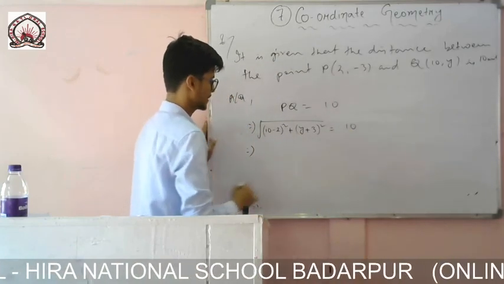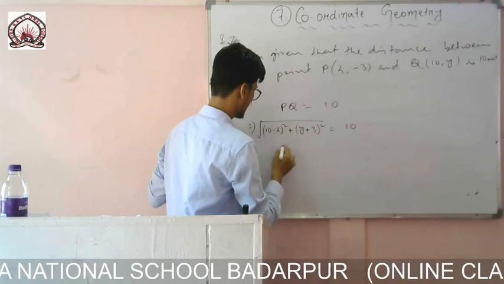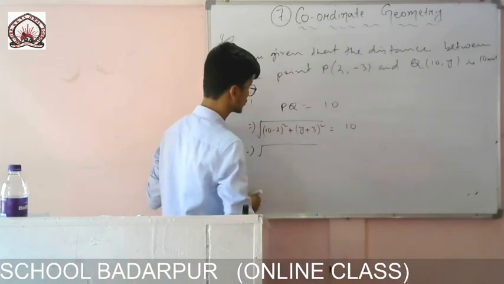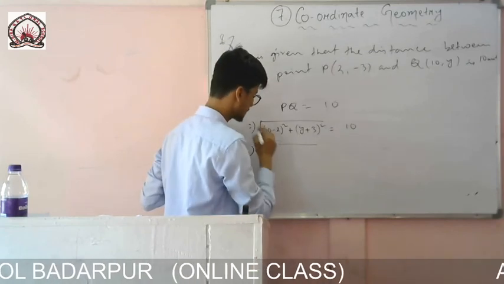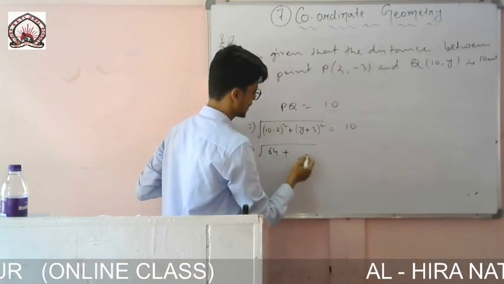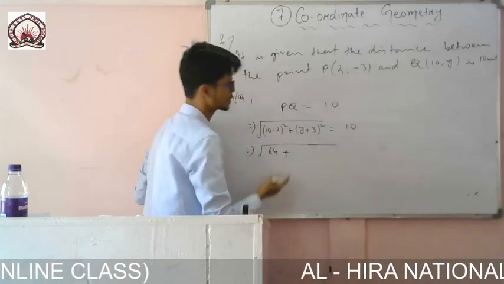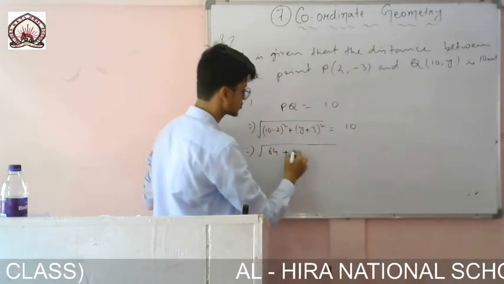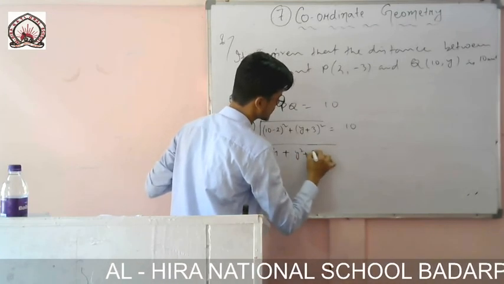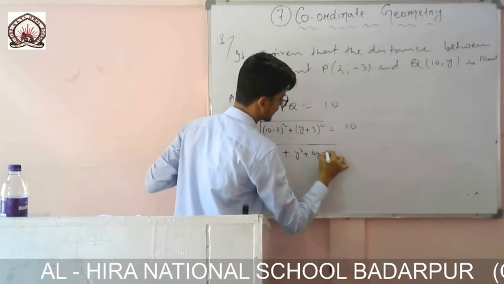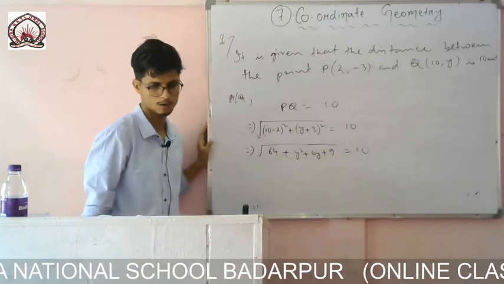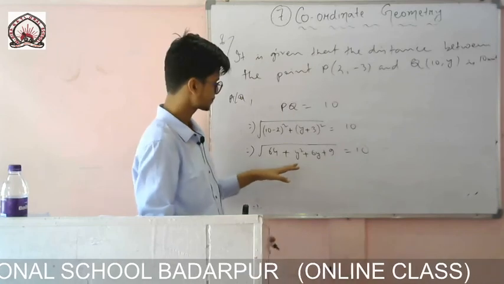So if I write it like this, then it will be the root of (10 minus 2) whole square, 10 minus 2 that means 8 square, it is 64, plus (y minus 3) whole square. Here I have to use the formula once again, a square plus 2ab: y square plus 6y, 3 square is 9, equals 10. I have used the formula, so don't get confused here.